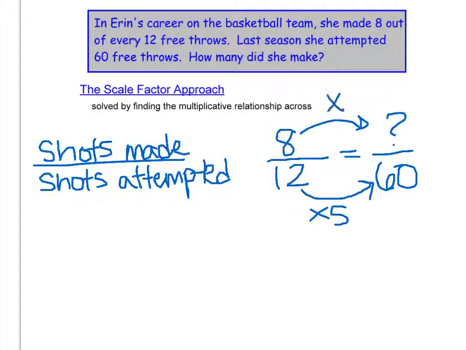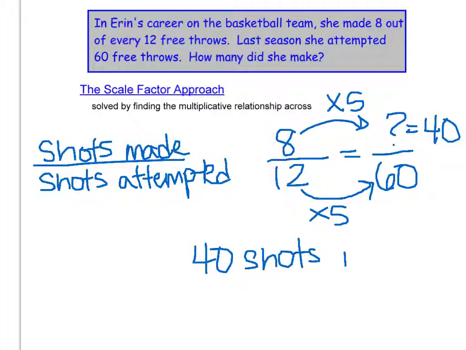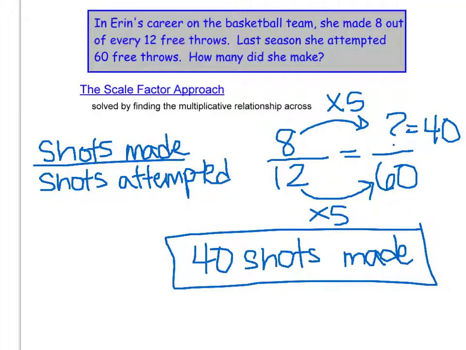So that means 8 times 5 gives us our answer here of 40 again, so that it would be 40 shots made if she attempted 60 shots. That way it's just similar again to the unit rate, but we were able to find our factor right away by knowing the relationship that 12 times 5 gives us 60.